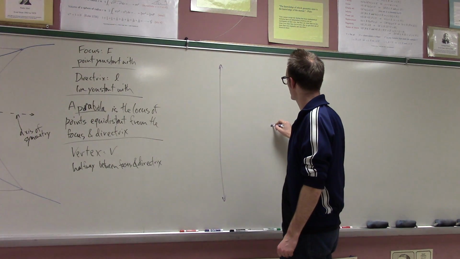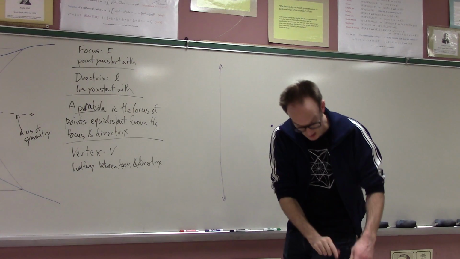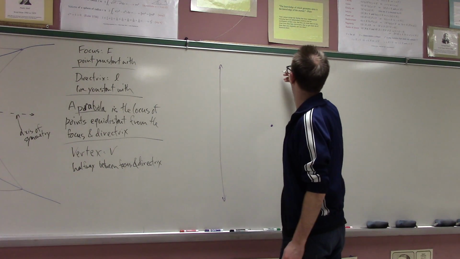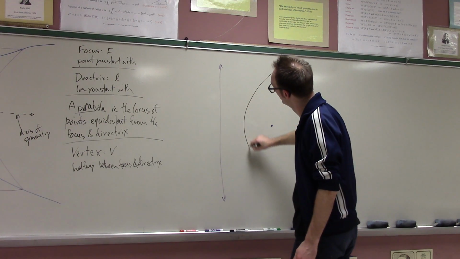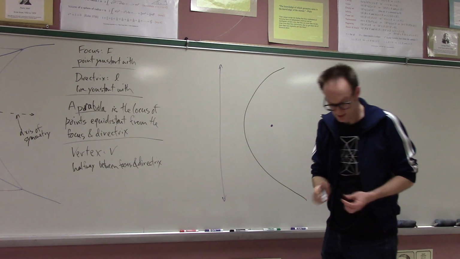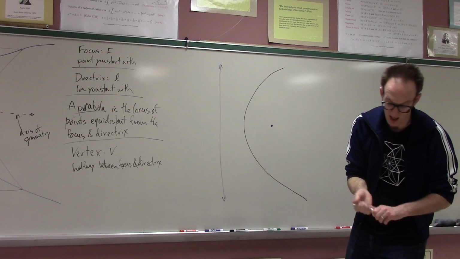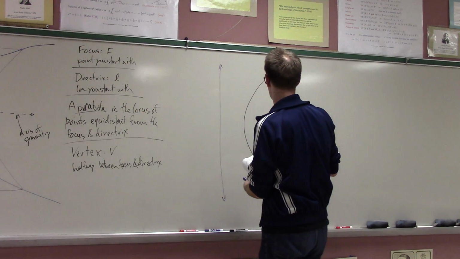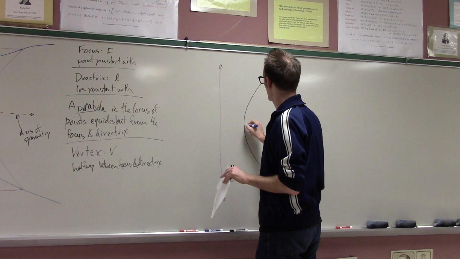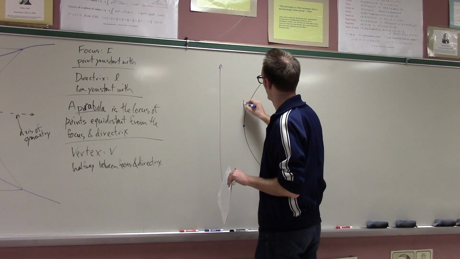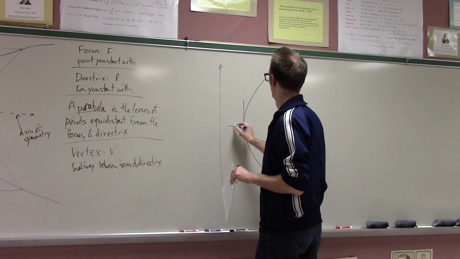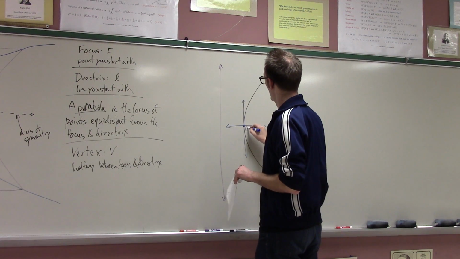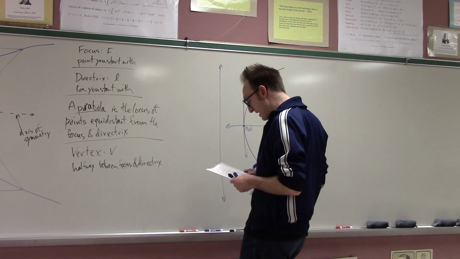Take the focus over here. From this, we get the parabola itself. And then we choose a coordinate system which places the origin here at the vertex of the parabola. So this is (0, 0).